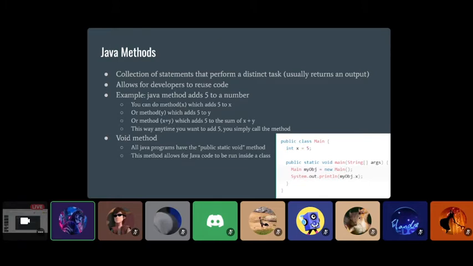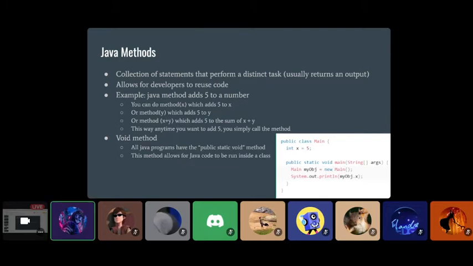Let's say you had a method that wanted to add 5 to a number. I have a number x and I want to add 5 to it, so I can just write system.out.println x plus 5. But if I wanted to add 5 to y, I'd have to write again system.out.println y plus 5. Or what if I wanted to add 5 to the sum of x plus y?